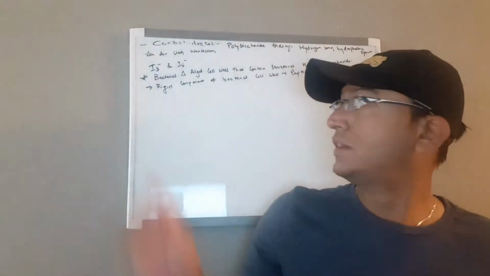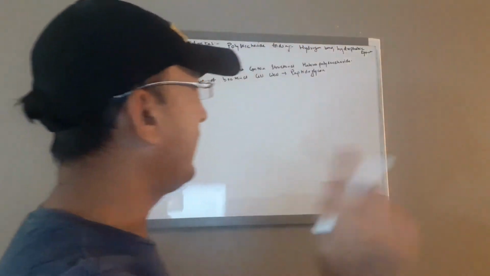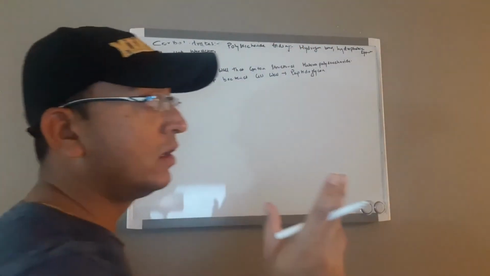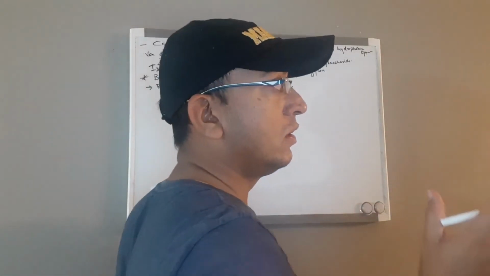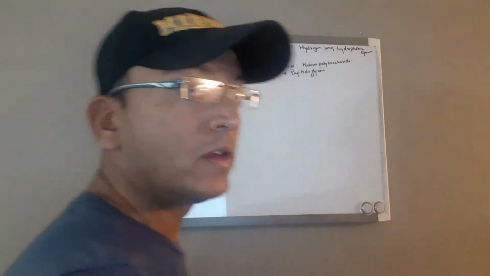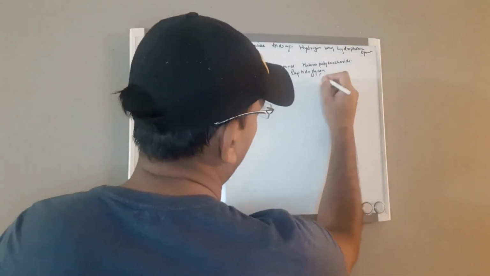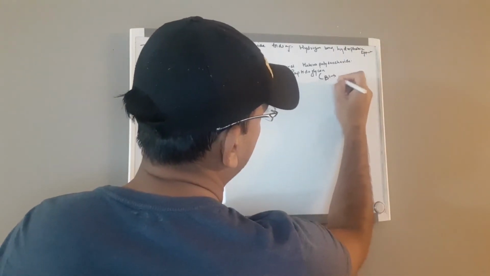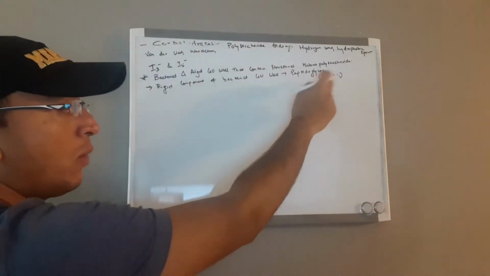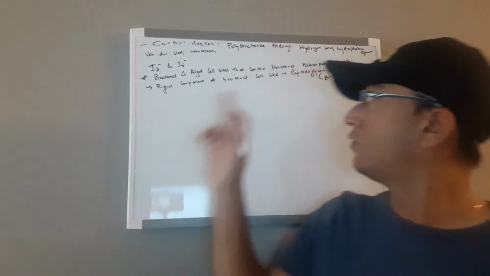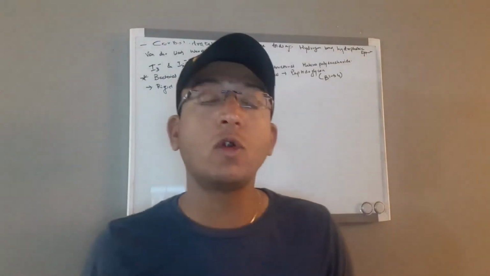This is a heteropolymer, like cellulose, of alternating residues. What is the linkage between them? It's beta 1 to 4, whereas starch and glycogen were alpha 1 to 4. So this is beta 1 to 4 linked.